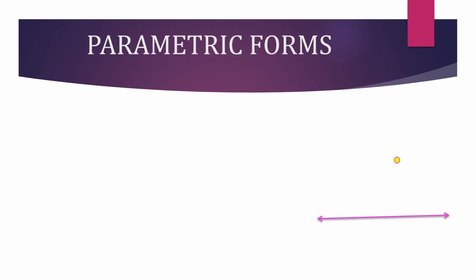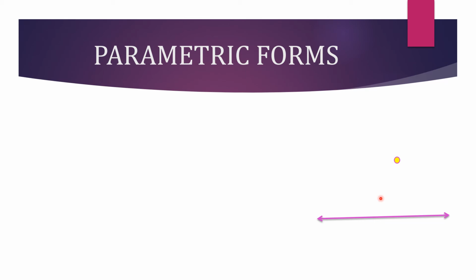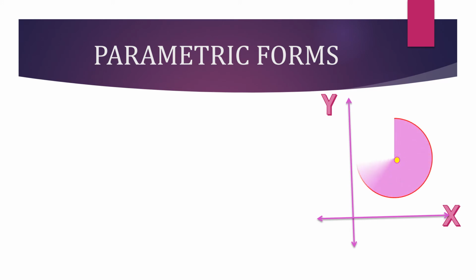Now we go to parametric forms of the circle. First we observe the diagram. Here we take one xy plane and one circle, and C is the center of the circle. We draw two perpendicular lines from the center, and also one perpendicular line on the x-axis from the center C, and here P is any point on the circle.